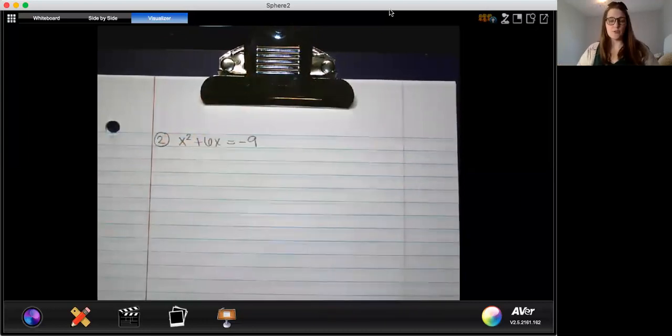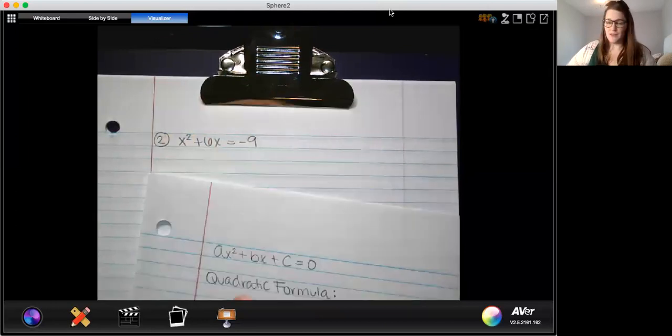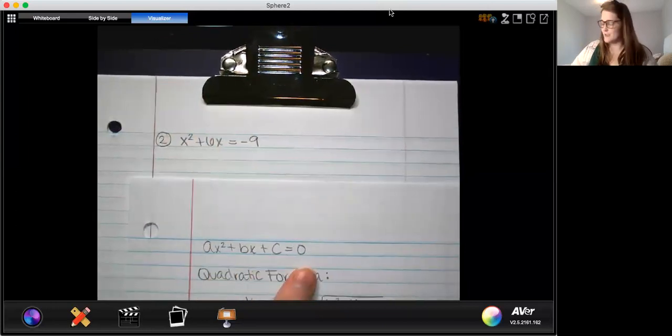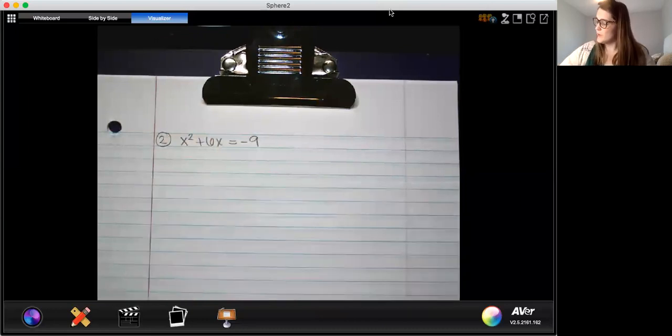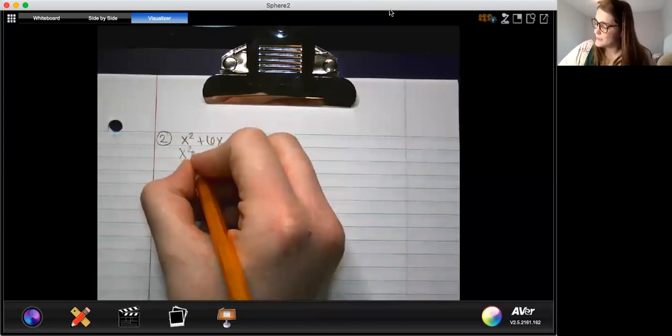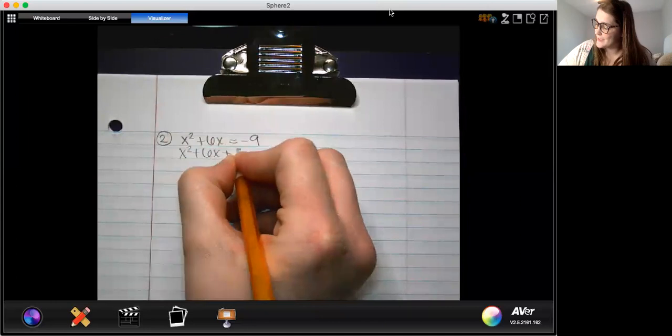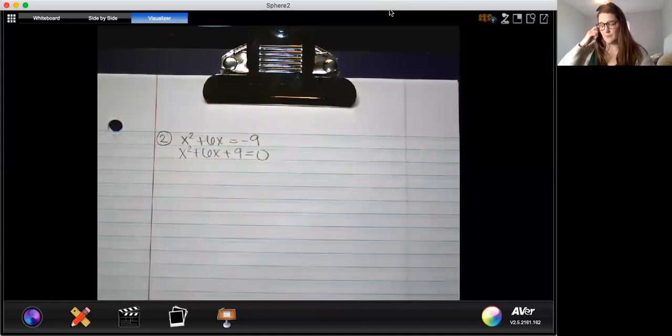Now, similar to when we are solving by factoring, you have to set it equal to 0 to work, much like the equation that we wrote out here. It has to be equal to 0. So therefore, x squared plus 6x plus 9 equals 0.